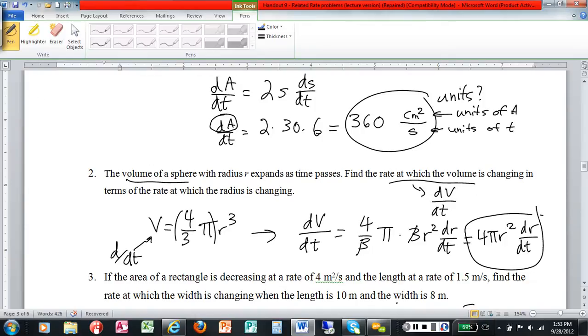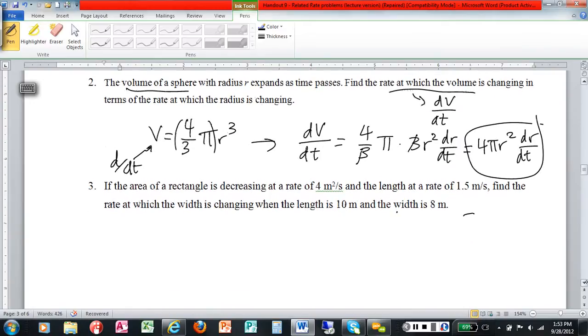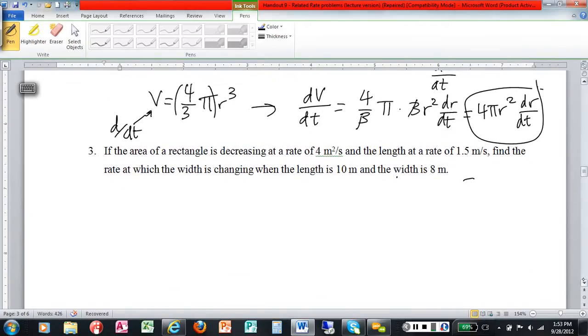Can I do one more? Then we'll do the next one next time. If the area of a rectangle is decreasing at a rate of 4 meters squared per second, that's area, that's dA/dt, isn't it?